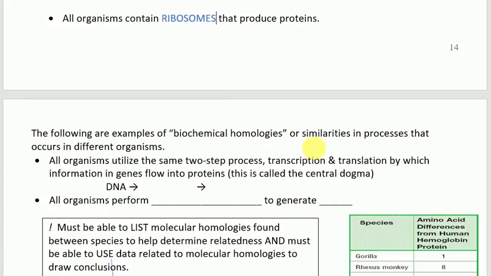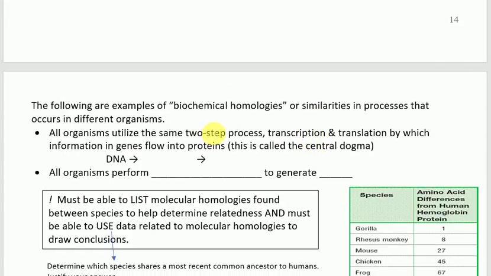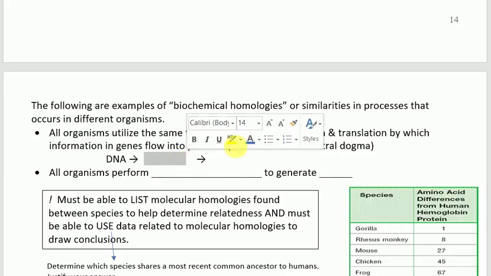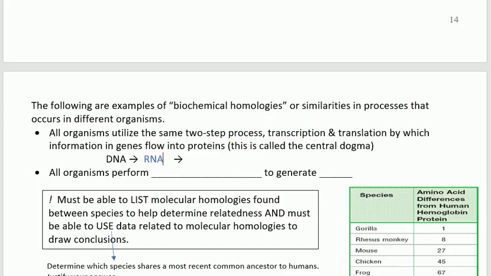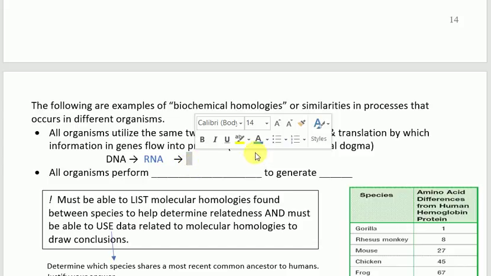And here are some examples that occur in different organisms. So all organisms utilize the same 2-step process of transcription and translation, by which information in the genes is going to flow into proteins. So again, going from DNA to RNA to proteins.